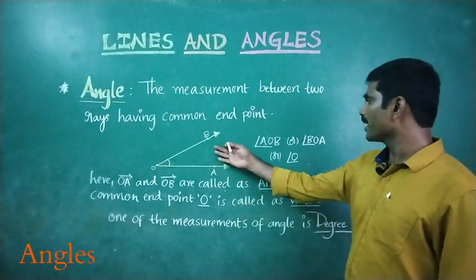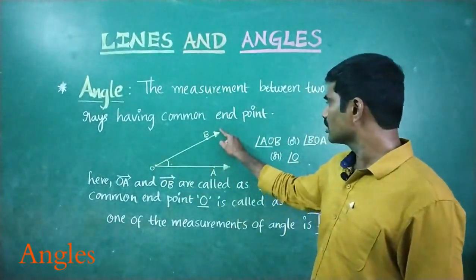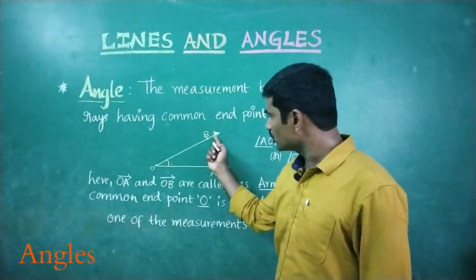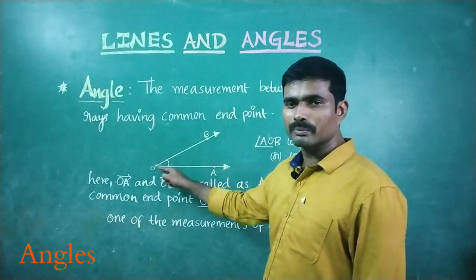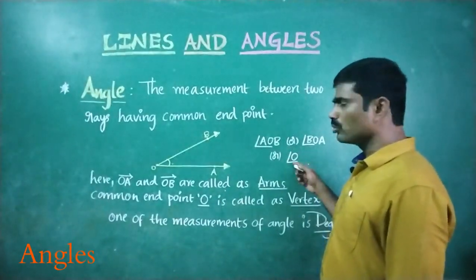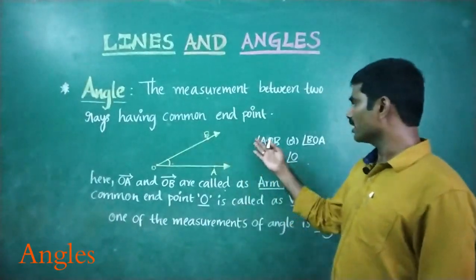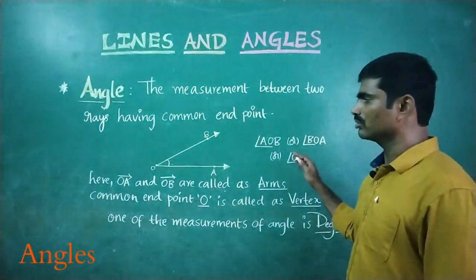It is denoted by angle AOB using 3 vertices, or this side also angle BOA, or by the common vertex also. So this angle is denoted by angle AOB or angle BOA or angle O.